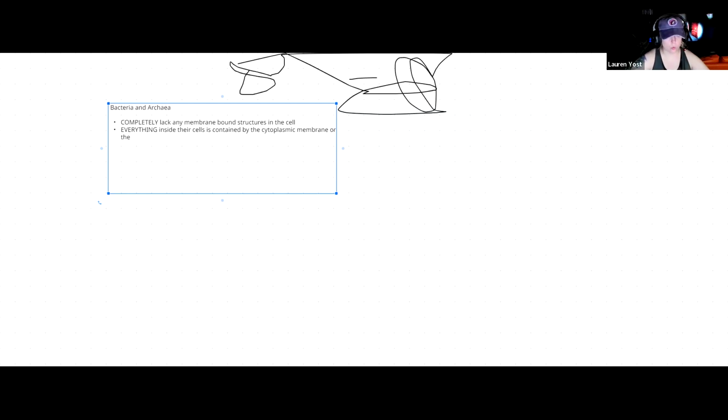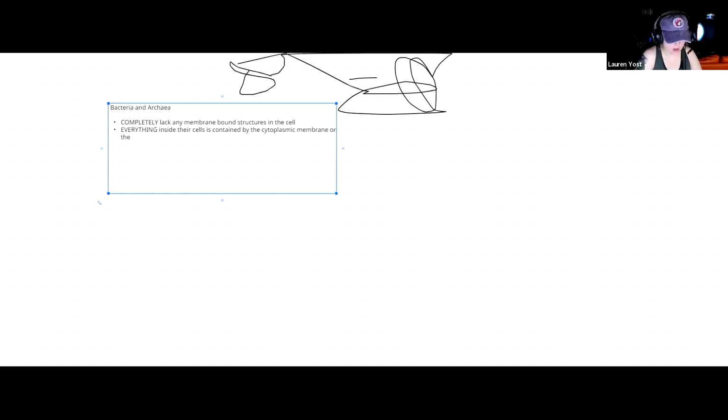So all of our genetic material, if we are a bacterium or an archaeon, is hanging out in the cytoplasm. And more specifically, not just in the cytoplasm, but it is also hanging out in this area. Sorry, I have to type and think at the same time.